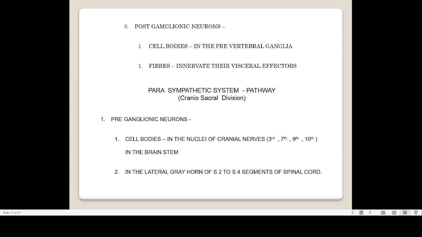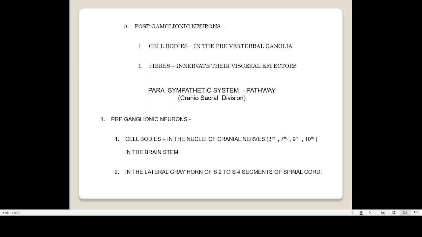Then the postganglionic neurons have their cell bodies located in the ganglion, and the fibers innervate the visceral effectors. That is the sympathetic pathway.